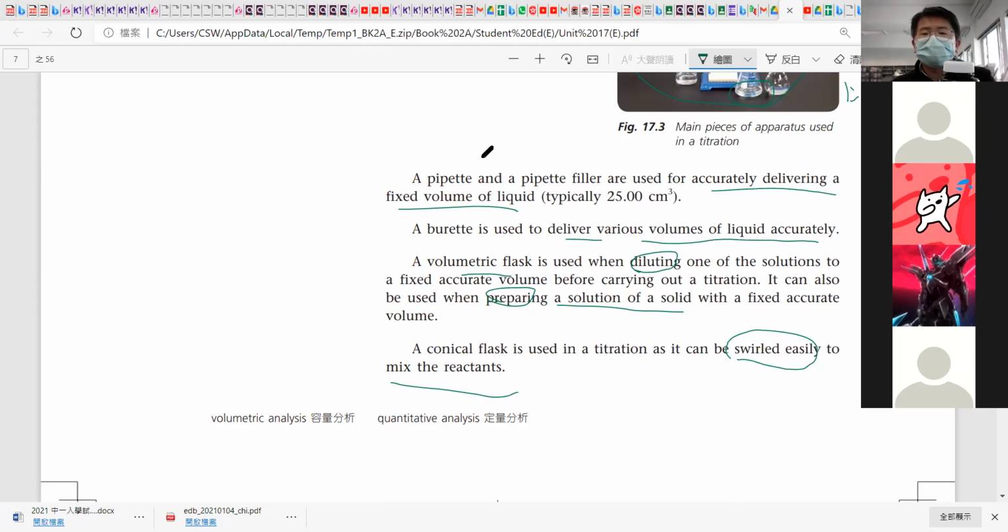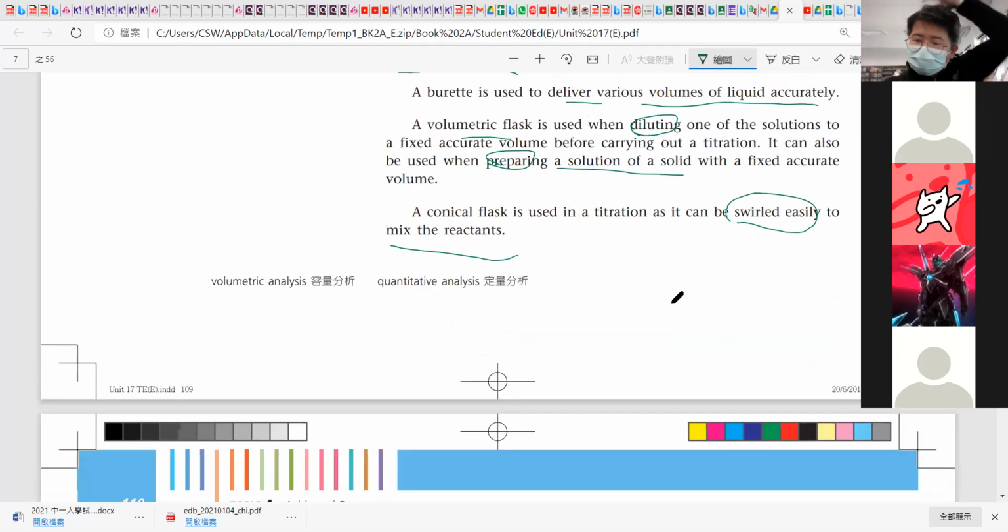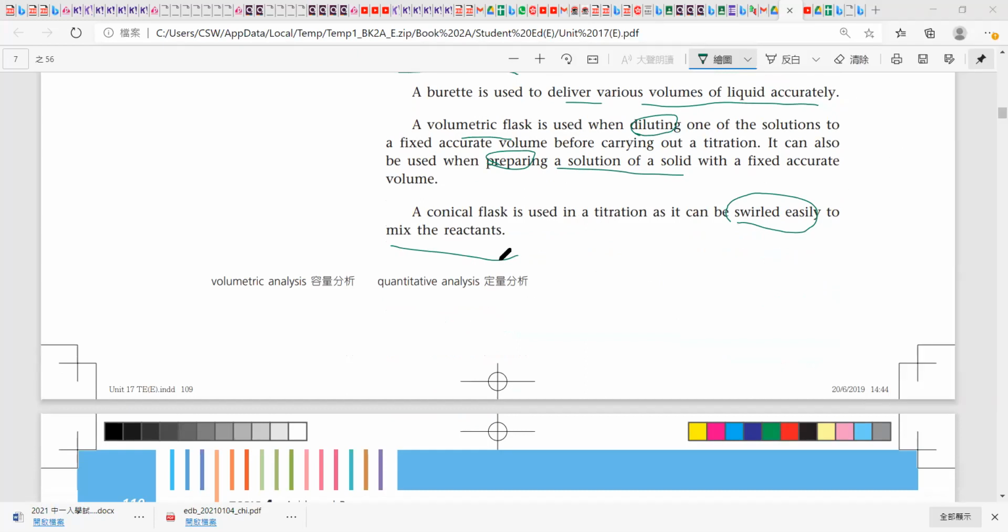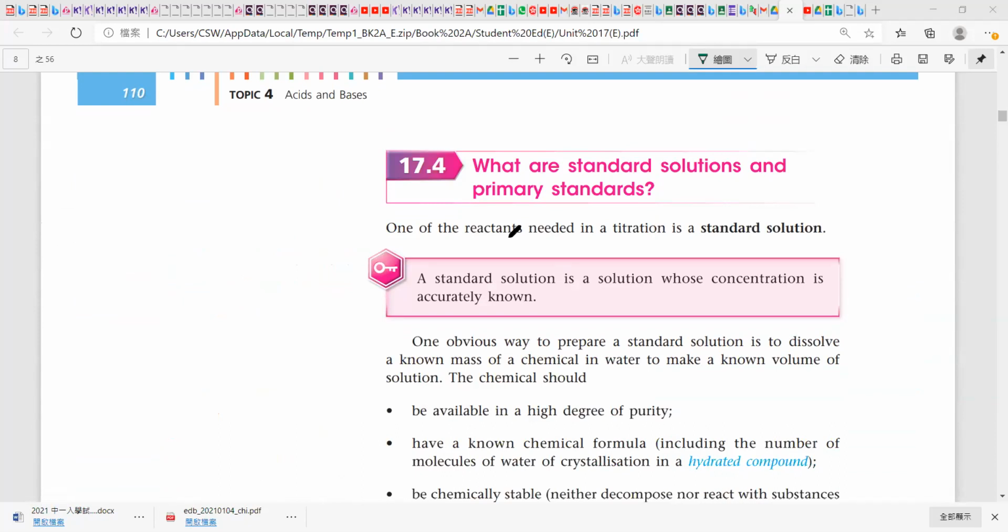But you use the conical flask because that one is more flat, while this one is narrow. Even though you may have the solution just splashing inside, you will not spill it so easily. So can you get the point? So it will tell you the difference between conical flask and the beaker. Can you get the point? So this is what I would like to talk to you about the use of different apparatus.